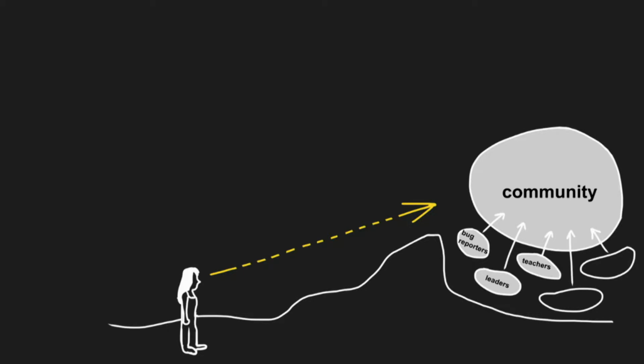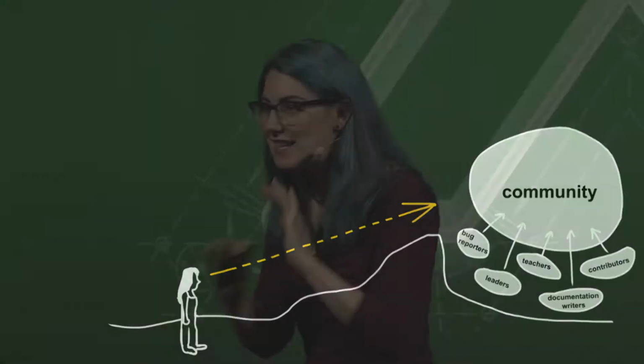Teachers, people who are supporting others and helping them understand. Documentation writers who make our tools usable. Thank you so much. And contributors of all types. And when there's lightning, there is definitely thunder. And a quality community is behind successful users, which I'm sure you've found.